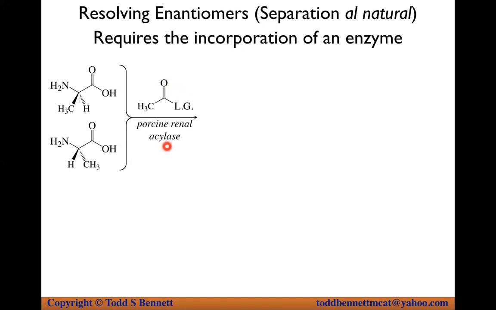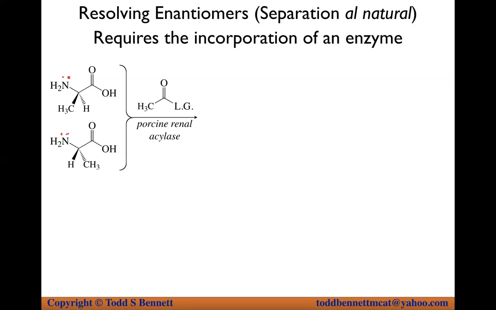We take porcine renal acylase, pig kidney enzyme that adds this acyl group. So LG stands for leaving group. It's going to add a carbonyl, CH3CO, to the more nucleophilic site, which is the amine terminal. Now, because it's an enzyme, it's preferentially going to recognize L amino acids.